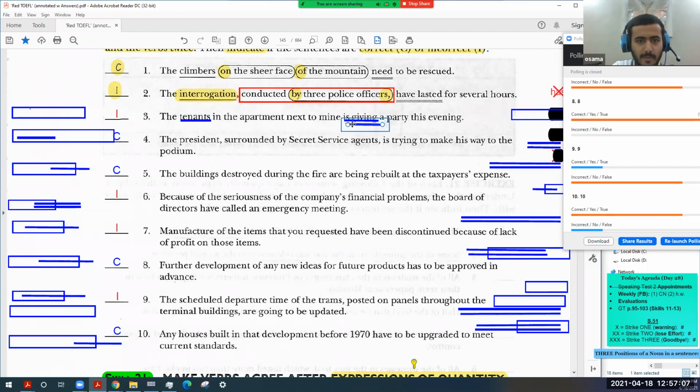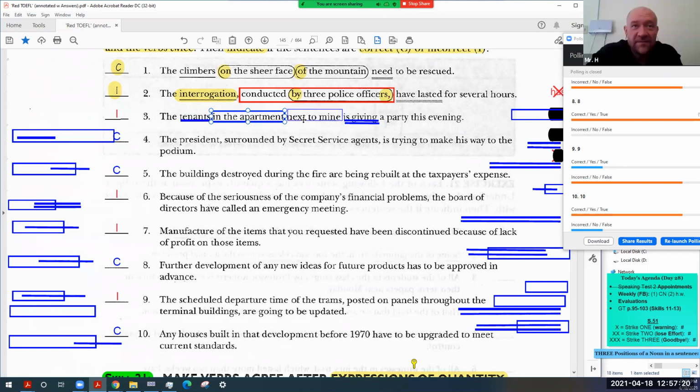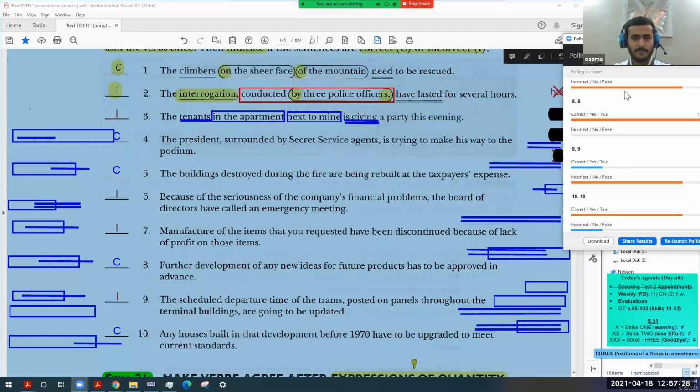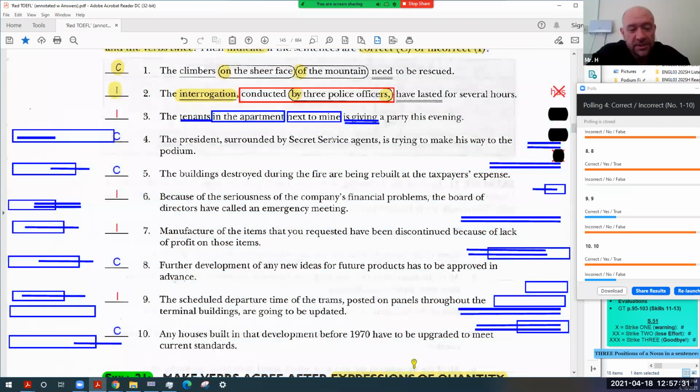In the apartment, next to mine. One prepositional phrase or 2? 2. Ah, we have 2, right? In the apartment, next to mine. We have 2 prepositional phrases. Yes. So what's the problem here?